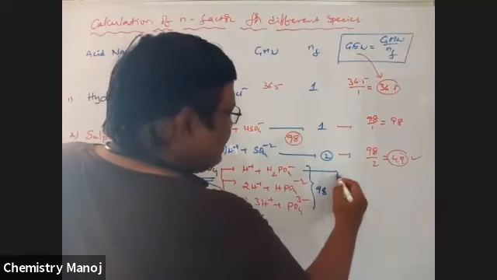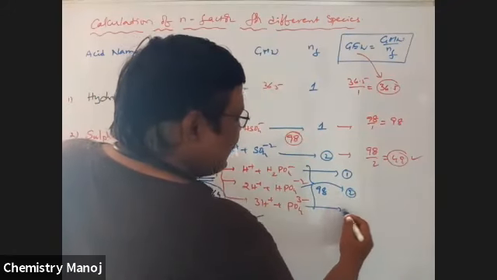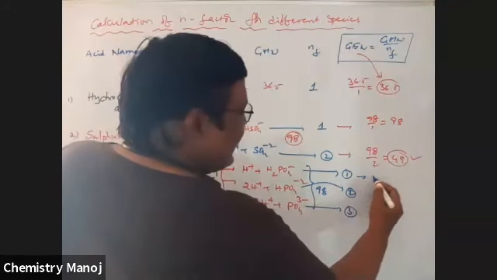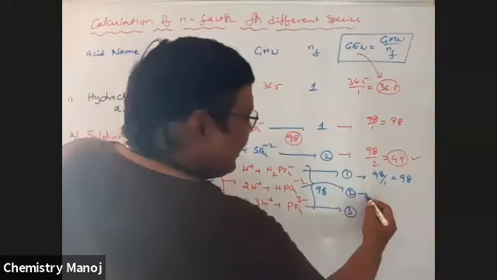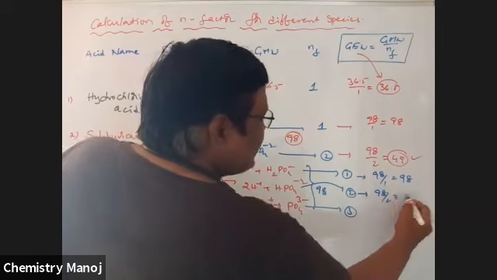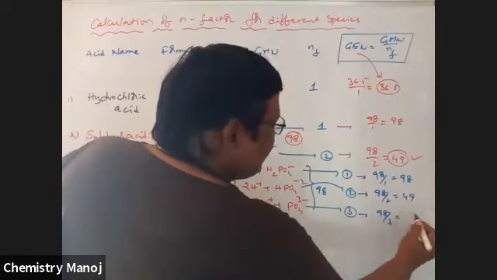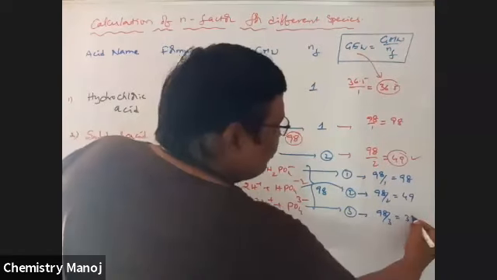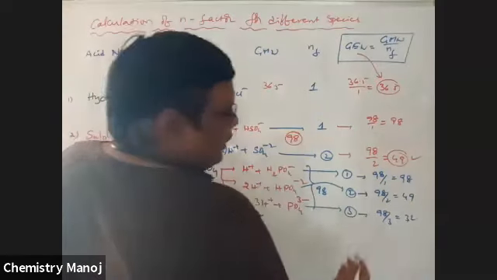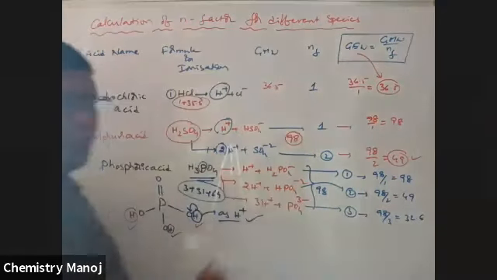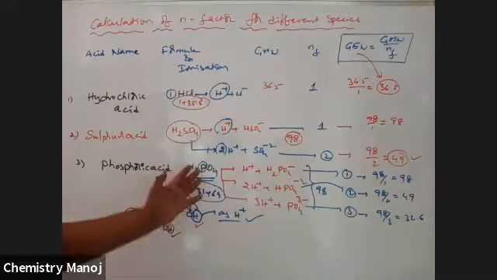In this case, basicity is 1, in this case basicity is 2, in this case basicity is 3. 98 by 1 is 98. 98 by 2 is 49. 98 by 3 is 32.66. So these are the equivalent weights of H3PO4.